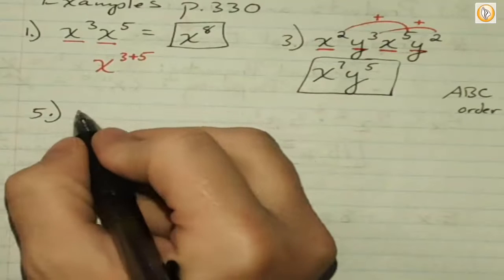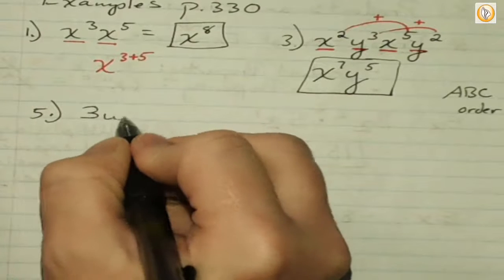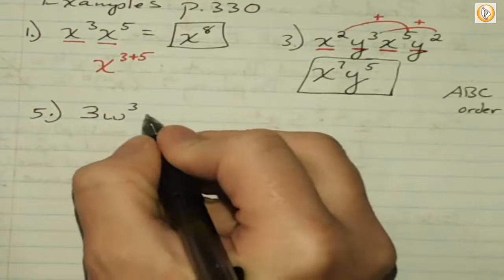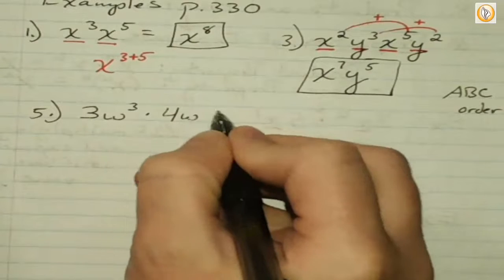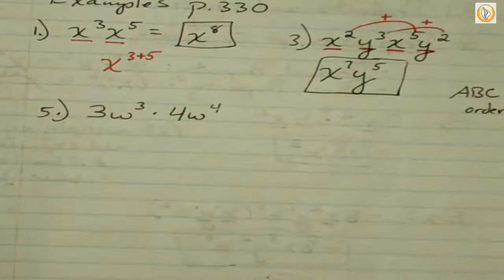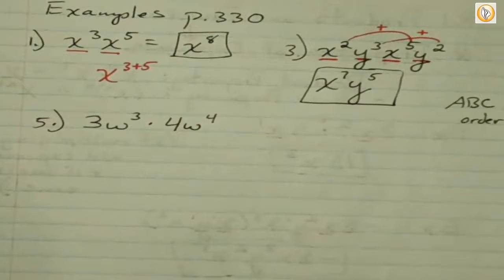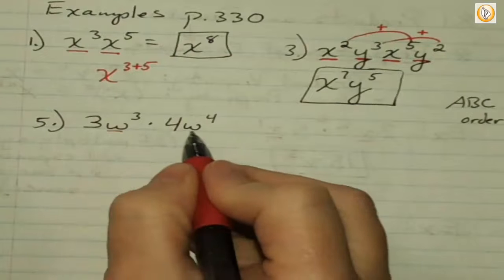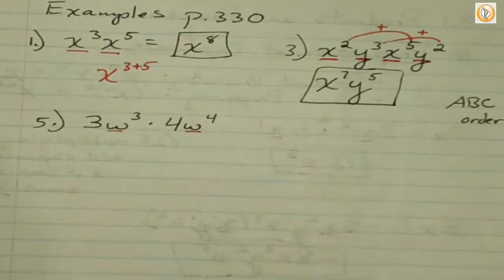Okay. 5 is 3w to the third power times 4w to the fourth power. Michaela, how would you solve this? The W's are the same, so you're going to do 4 plus 3, which is 7.